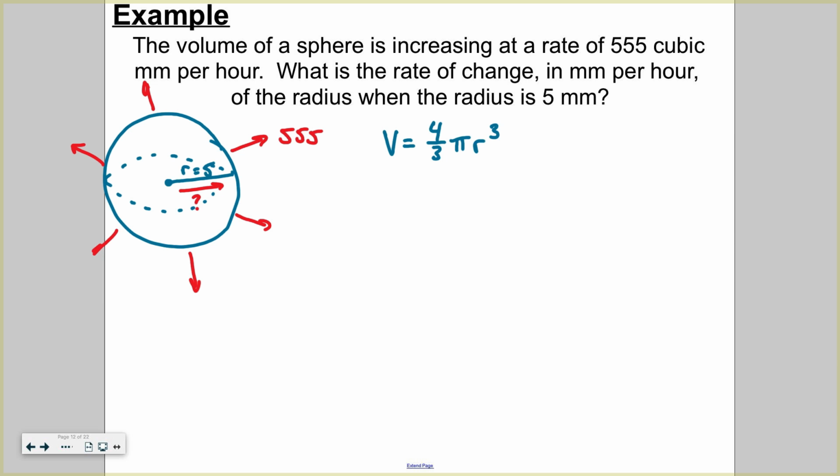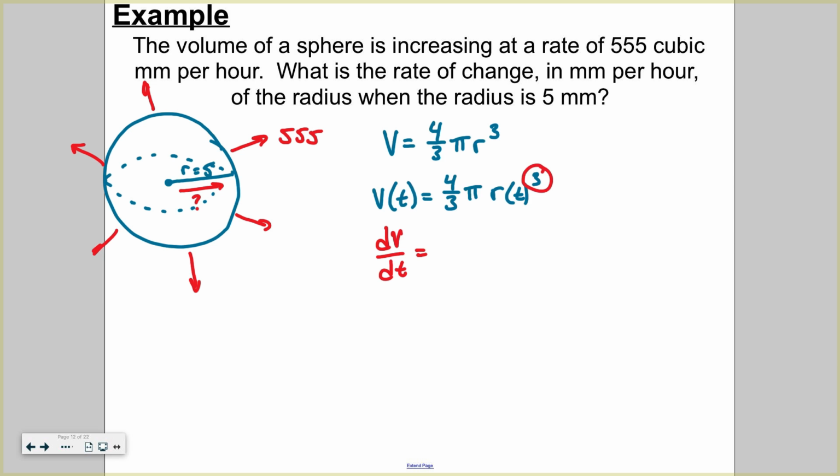All right, so now we need to identify which variables are changing. So the volume here is changing with respect to time, so it's going to be V(t) equals 4/3 pi times r(t) cubed. So now that we've identified which variables change with respect to time, we can take the derivative of both sides. So this is going to be dV/dt is equal to, and then we have to do the power rule and then a chain rule.